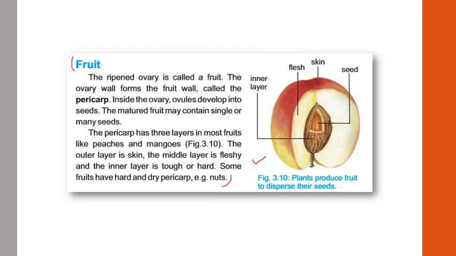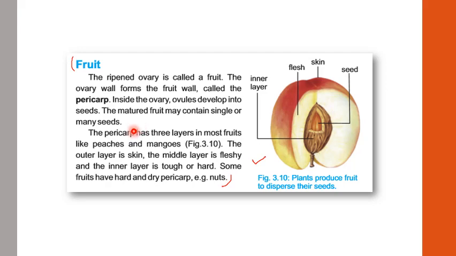You have to highlight this topic, and it is also the answer to long question number 4, which is: write a note on fruit. So you have to draw a diagram, and on the first line you will give the heading of fruit. On the second line you will give the heading of pericarp, and on the third line put the heading of seed.